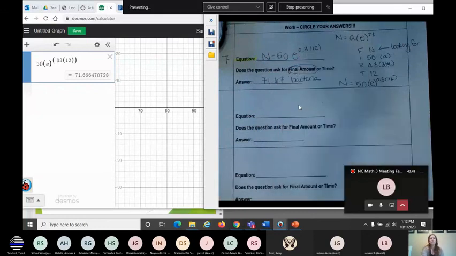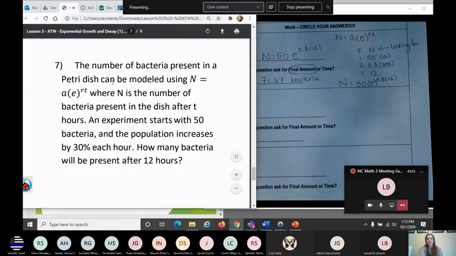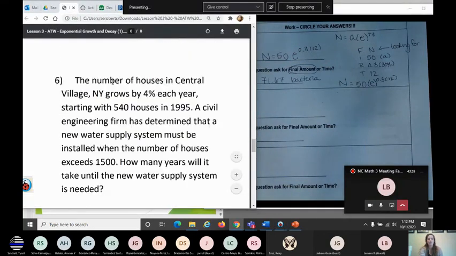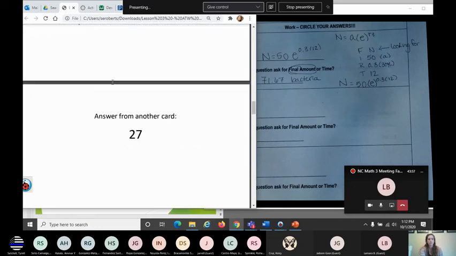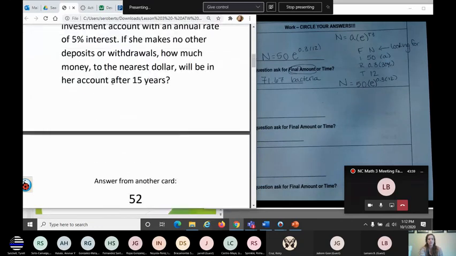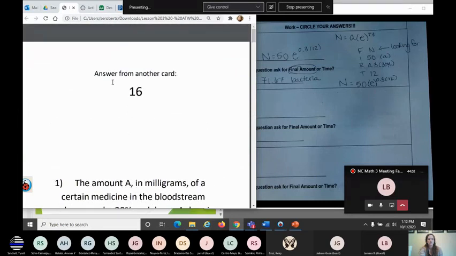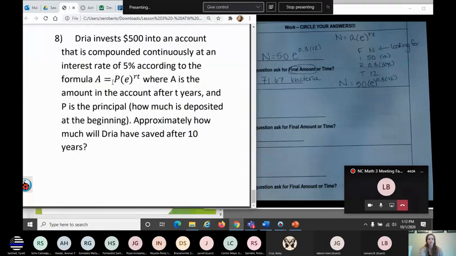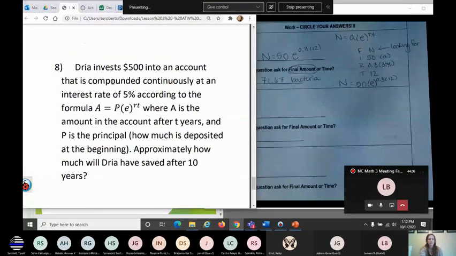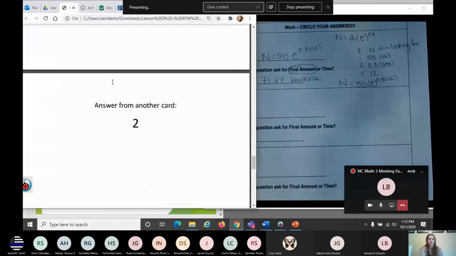Okay, so then what I would do is I would go through and I would look for that 71.67 at the top of the cards. I'm just going to scroll through real fast. Nothing up there, so I'm going to go to the end and work my way back up. 11.